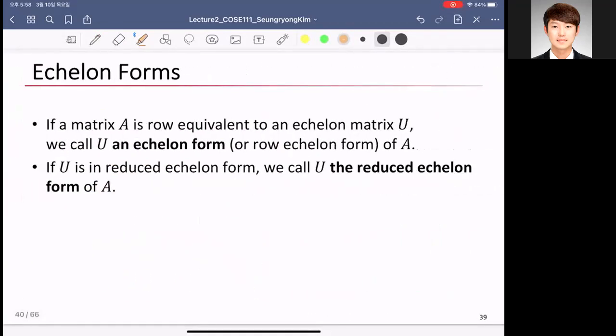Anyway, let's just simply use this theorem 1 to solve further question. One more definition is if matrix A is row equivalent to the echelon form matrix U, we call matrix U is echelon form of matrix A. 그렇죠?